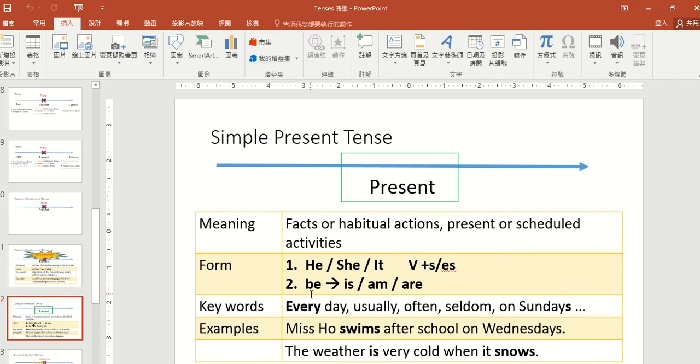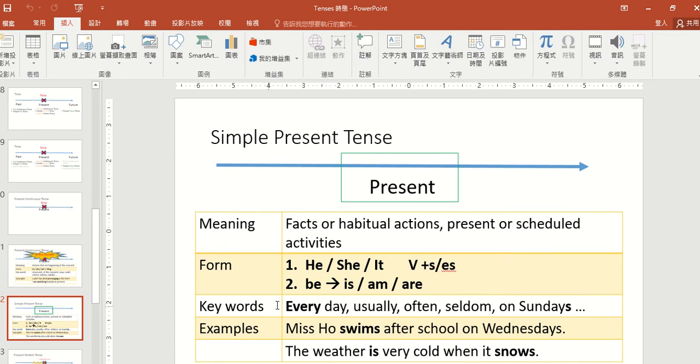the verb to be would change to is, am, are. You learned it in P2, P3 and P5, so I think you are very familiar with this. The keywords are every day. The word every, of course, you can replace the day with month or year, every day, every month, every half a year.